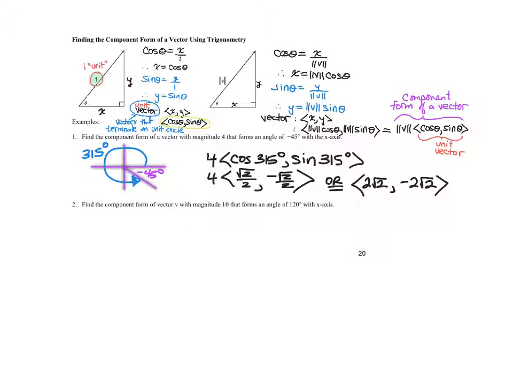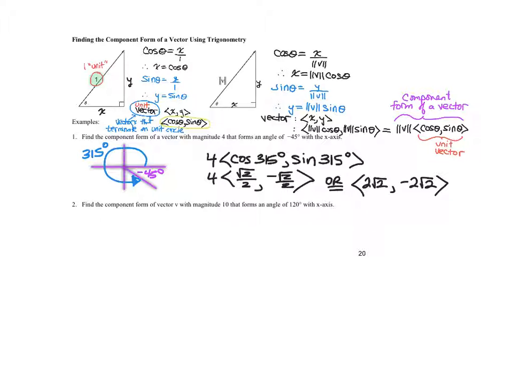So if you look at this and you feel as though it seems familiar, like I feel like I've done this, it's because this is the same strategy that we used when we were converting back and forth between polar and rectangular coordinates. R cosine theta, R sine theta. That's what this is.